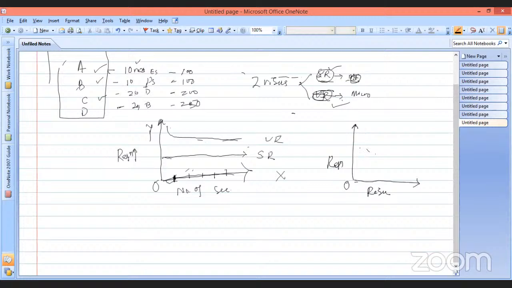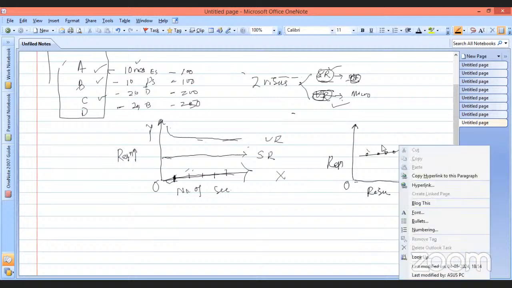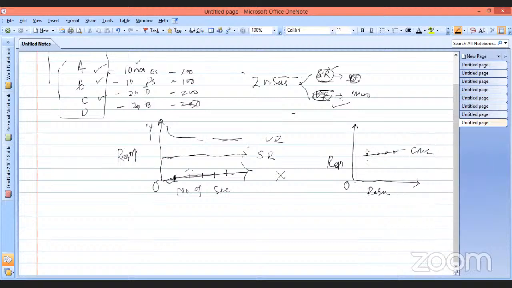This particular line is known as CML, capital market line. Why is it known as capital market line? Because it is saying where the efficient portfolio can lie. These are the various assets. That means if you are choosing this asset on the basis of capital market line, then we can get more return by taking less amount of risk.